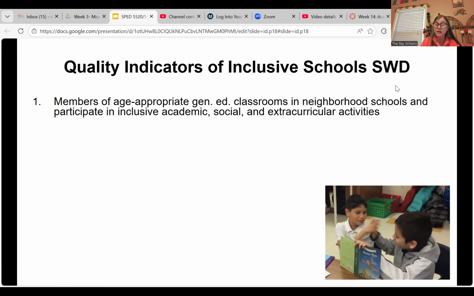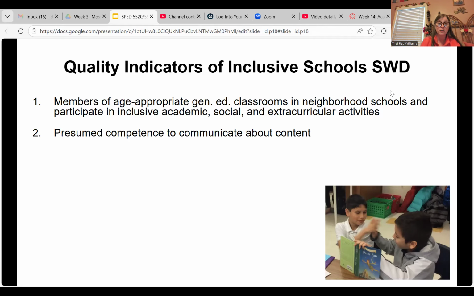They participate in inclusive socialization and extracurricular activities. And extracurricular activities is really important, right? Think about when you were in school and all the extracurricular activities you participated in and how that added to the quality of your life.